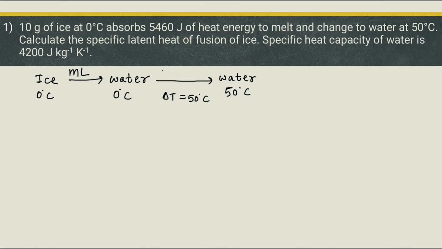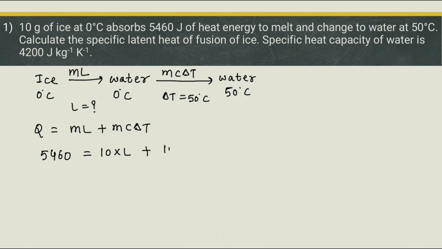For that process, heat energy absorbed is mc delta t. So in the question it is given that ml plus mc delta t, that value is 5460 joules. So from this formula, we can find out the specific latent heat of fusion of ice, that is L. Mass 10 gram into L plus mass 10 gram into specific heat capacity of water 4.2.